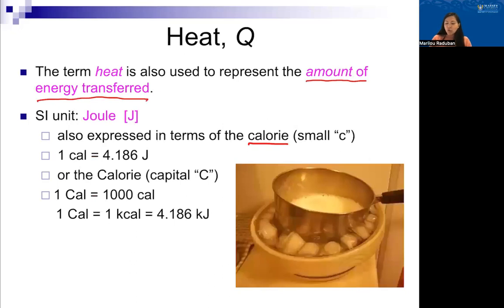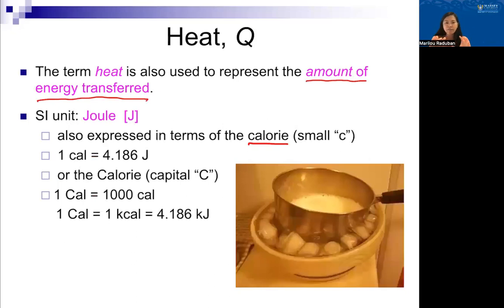Yeah, so when we say calorie, we're talking about the heat that's imparted to our body. And in fact, food manufacturers measure how many calories food has by burning a known amount of food and measuring how much energy is transferred through the burning process.